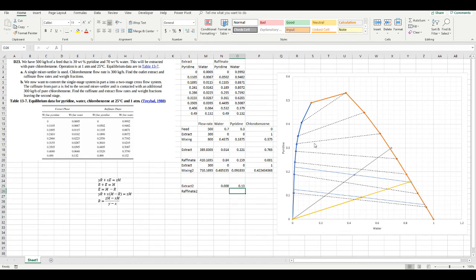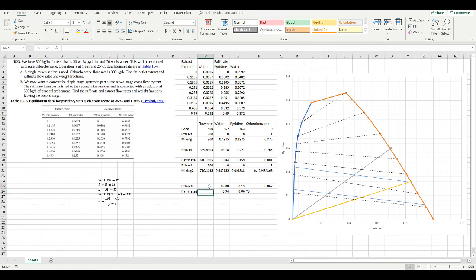Remember, because this is the extract, we're looking at this side, and for the raffinate, we're looking at this side. For the raffinate, I would say this is about 94% water, and for the pyridine, I'd say this is about 6%. For chlorobenzene, for the raffinate, it's very close to 0%, and for the extract, this would be equal to 1 minus this.